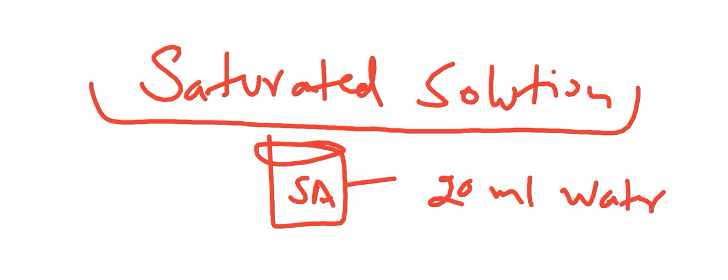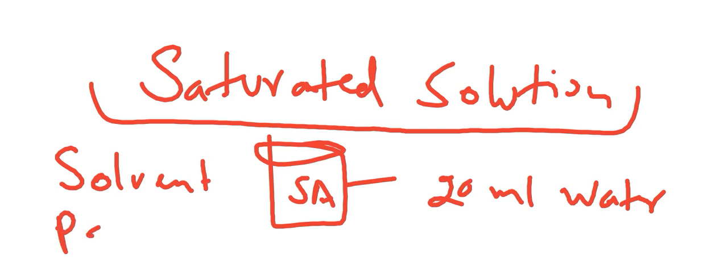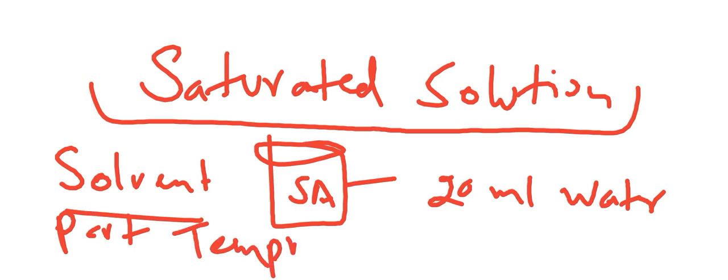A saturated solution basically tells us about the solute that can be added in a solvent at a particular temperature. Basically, it is the maximum amount of solute that can be added so that it can completely mix with the solvent at a particular temperature. You need to remember this specific point, that it is based on temperature.